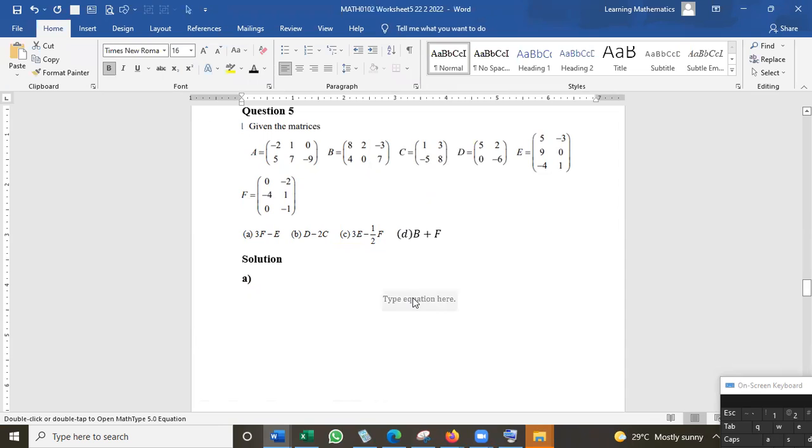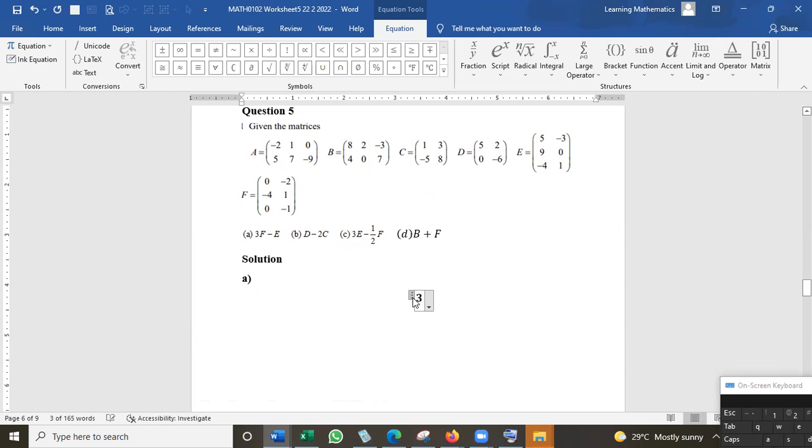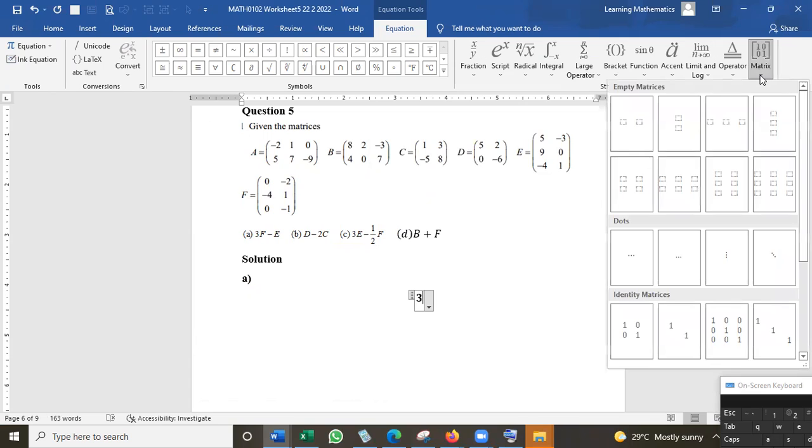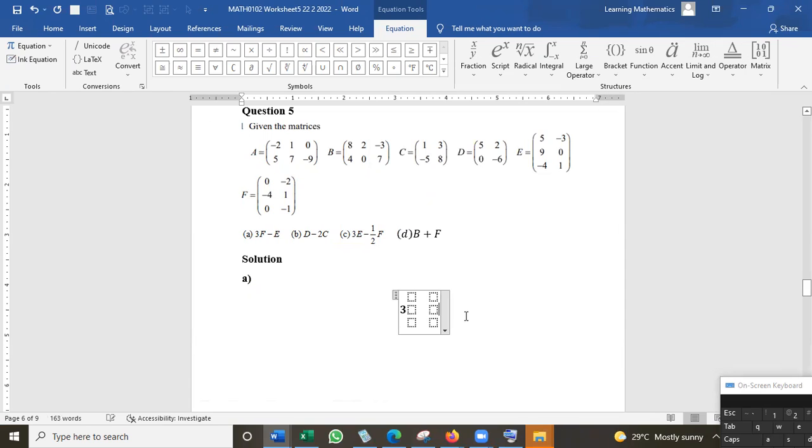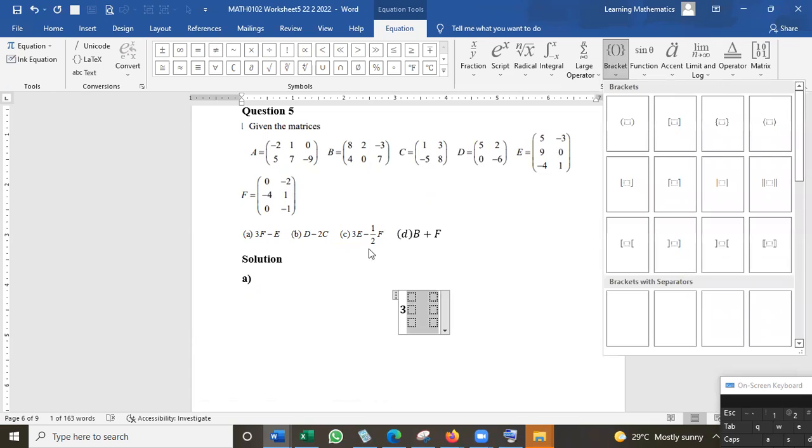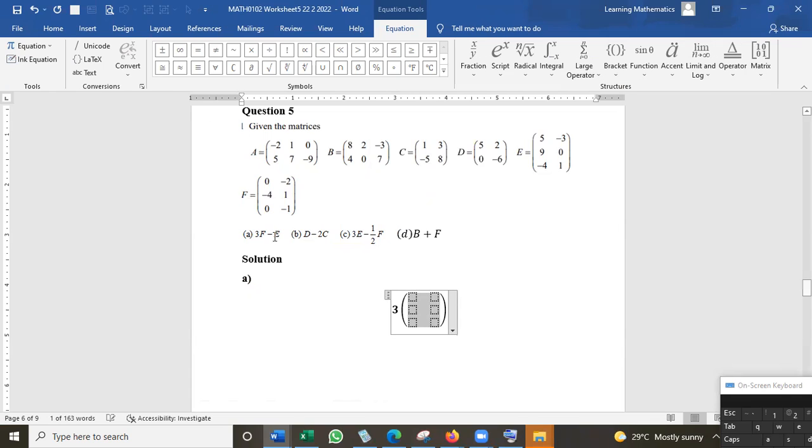Okay, so therefore it is possible for me to subtract F and E, but I have to multiply by 3 first for F. So I go to matrices. I'm looking for a 3 by 2, minus another 3 by 2.